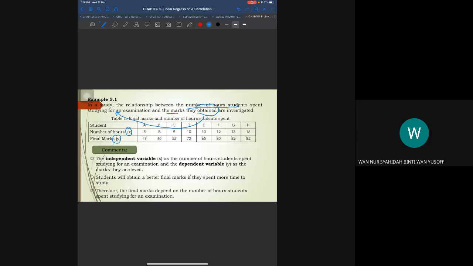The comment that we write here is just based on our observation of the data. Why can we say this? Because when x increases, y also increases. So that is why we can say that students will obtain a better final mark if they spend more time studying. It is just based on observation, so to confirm that, we have to calculate the numerical value.